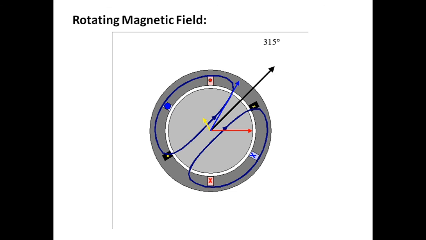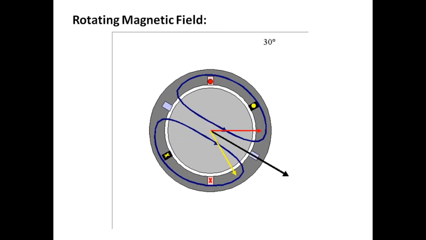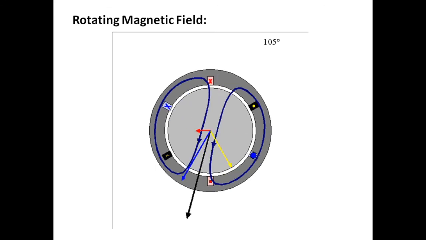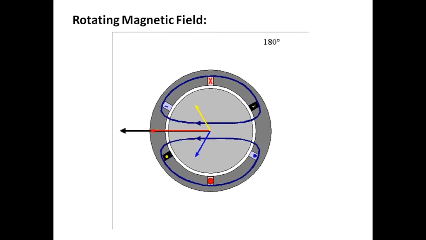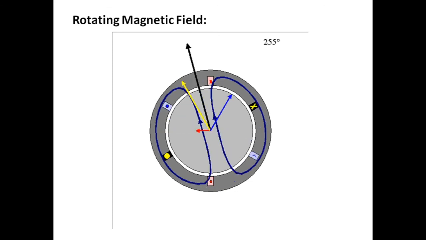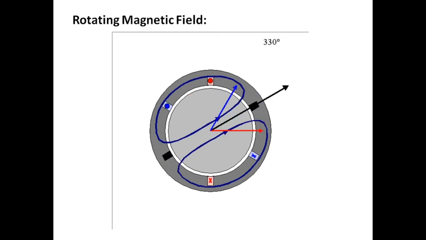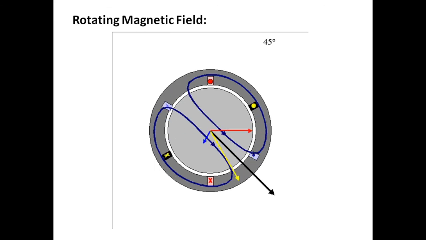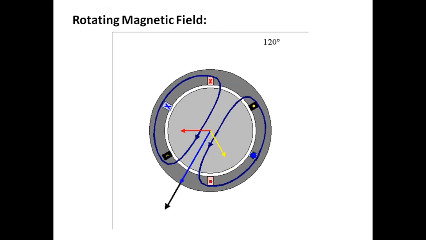It is the same over the entire 360 degrees. So at any position of the rotor and stator, the magnetic field produced in the stator is constant, equal to phi r, which is 1.5 times the phi maximum.